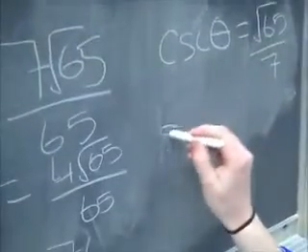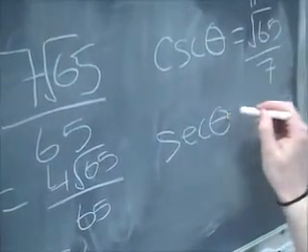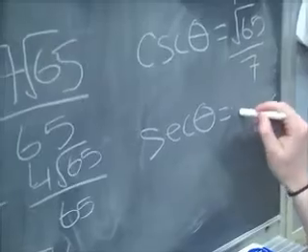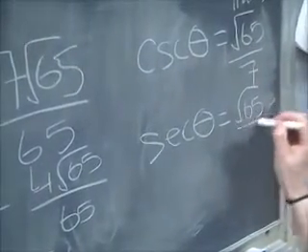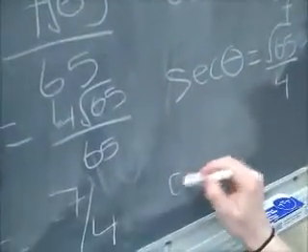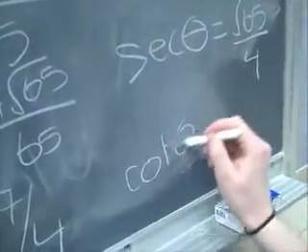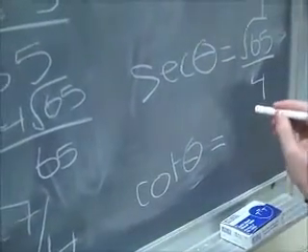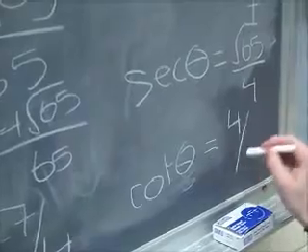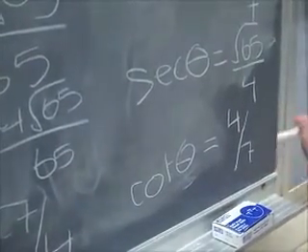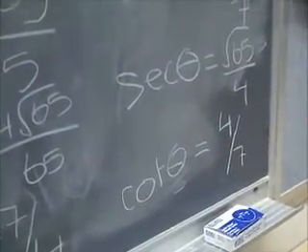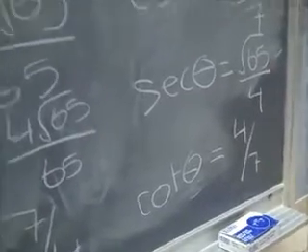And then secant of theta equals root 65 over 4. And then cotan is going to be the opposite once again, so you'll just flip these around, and it will be the adjacent over the hypotenuse, or the opposite side. So that's just how you'll find that angle.